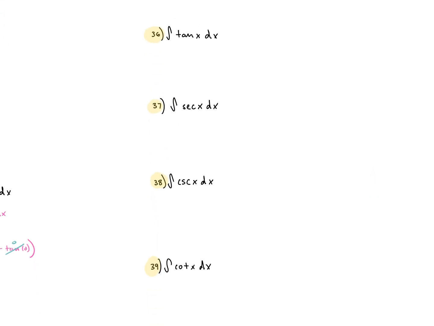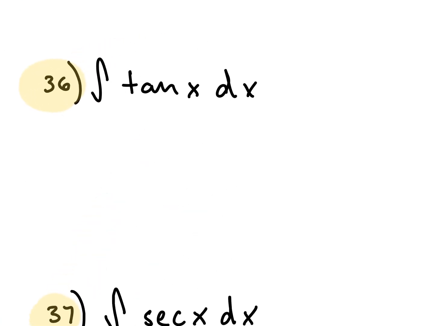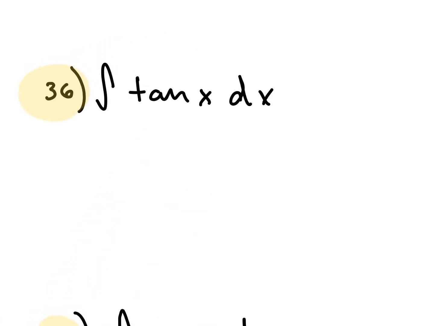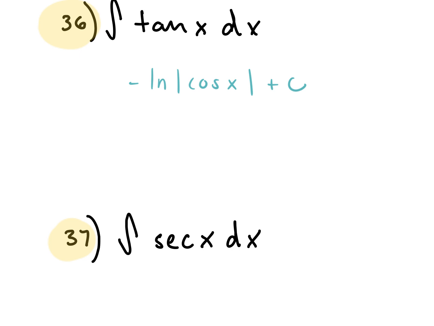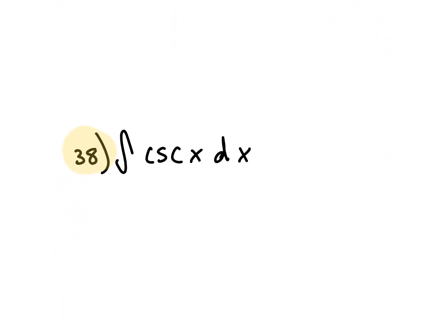Last few that I wanted to do with you guys are the last 4. Just make sure you know your formulas. The integral for tangent of x would be negative ln of cosine of x, so variable's x here, plus c. 37 for secant of x. This would be the ln, the absolute value of secant of x plus tangent of x plus c. 38 for cosecant.